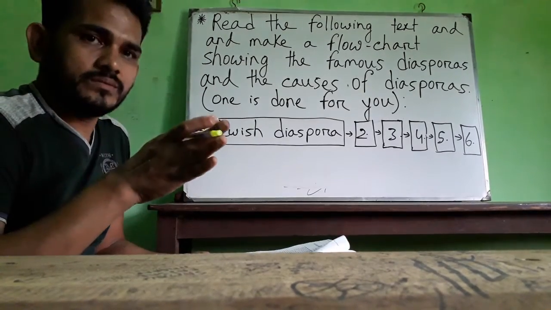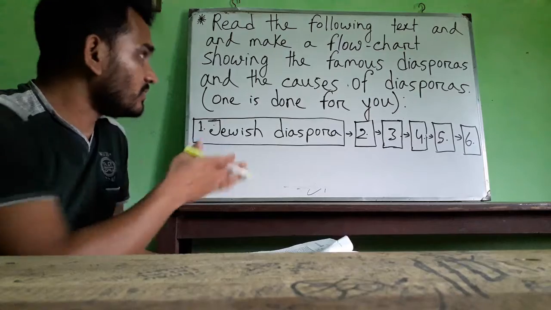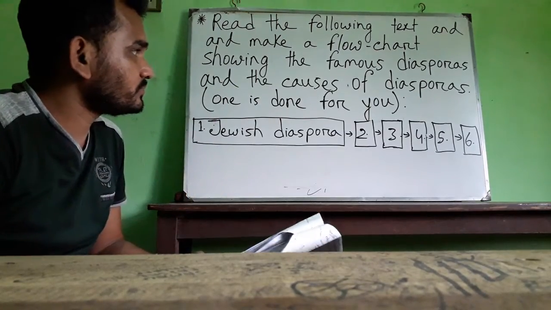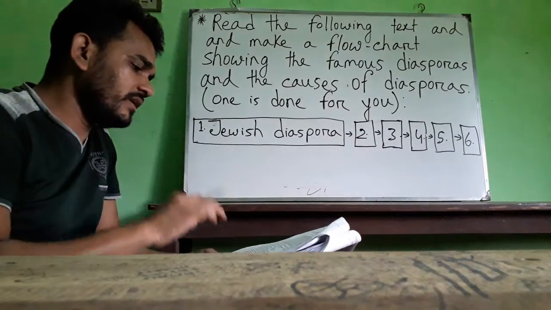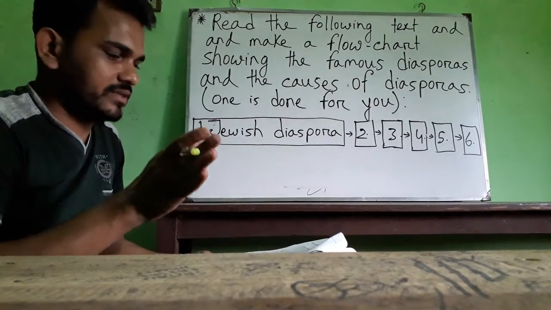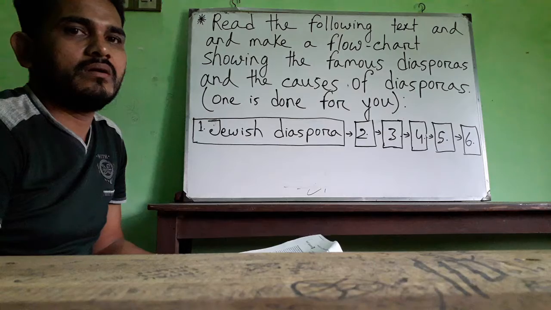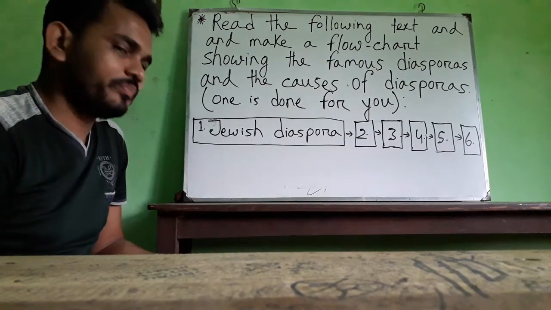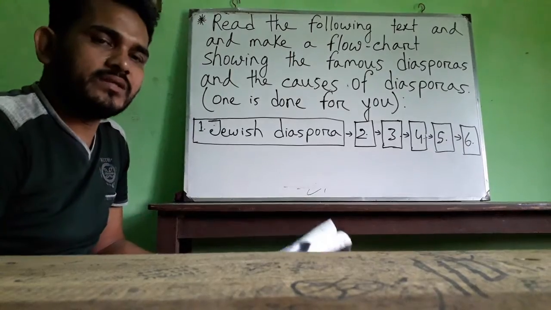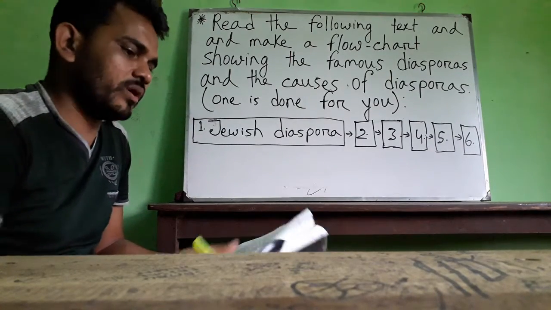In the old book, the passage is in unit 11 and lesson 1. Okay, the name of the unit is diaspora and the name of the lesson is what is diaspora.